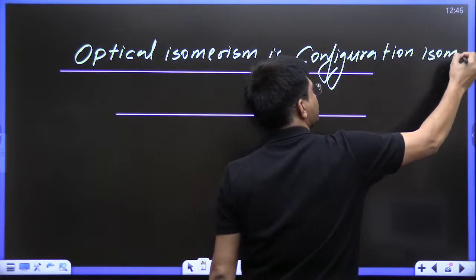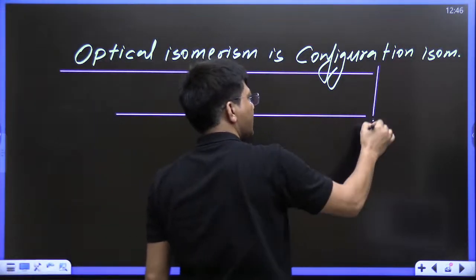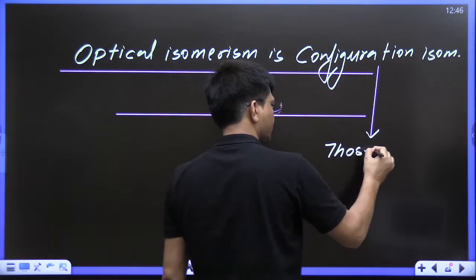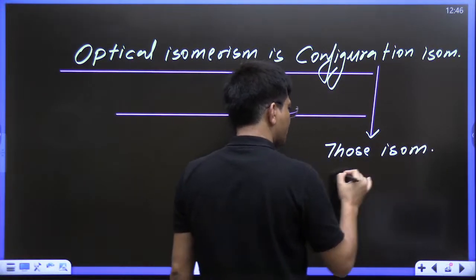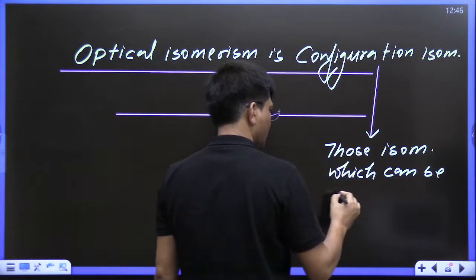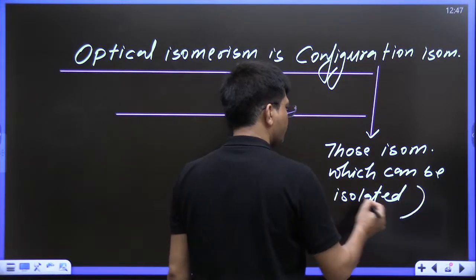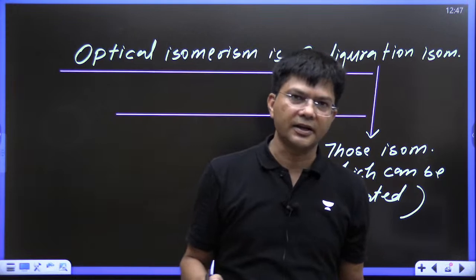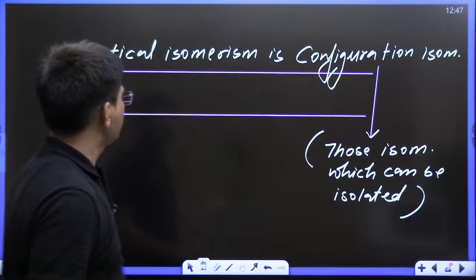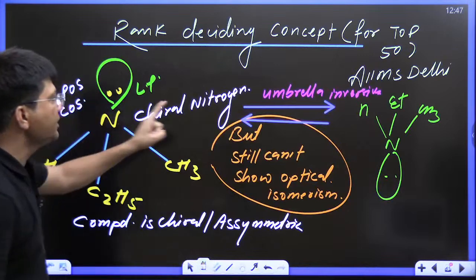What do you mean by configurational isomerism? Those isomers which can be isolated or separated. That means dextro and levo can be separated: dextrolactic acid, levolactic acid, dextroglucose, levoglucose. But we are saying that these two forms are interconverting.